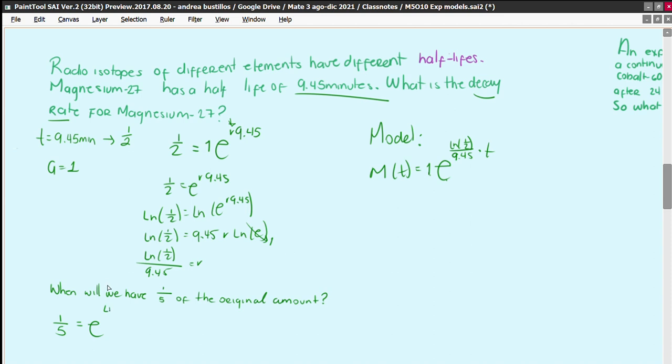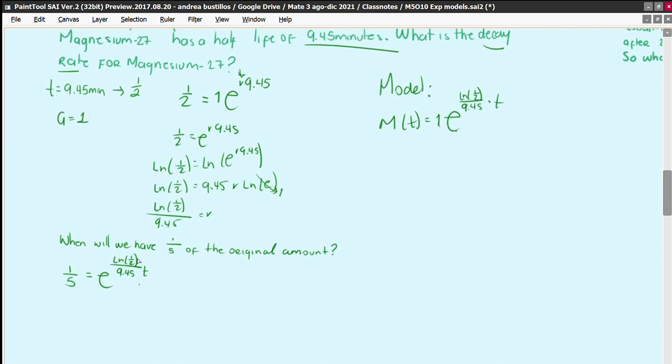So this is e to the power of ln of 1/2 over 9.45 times t. I want to solve for t because I'm being asked when, that is, I'm being asked about time. The exponential term is already isolated, so I'm going to apply logarithms on both sides of the equation.